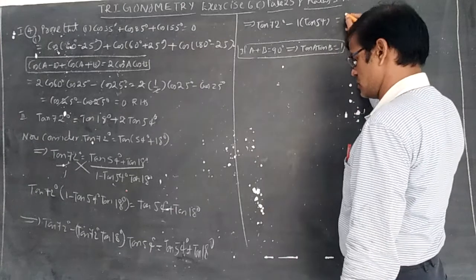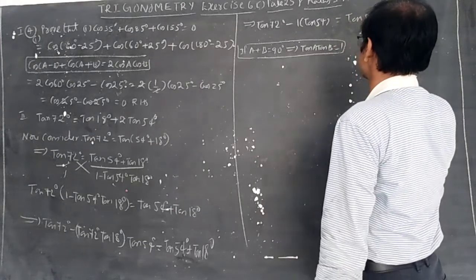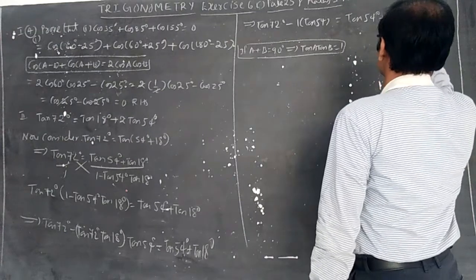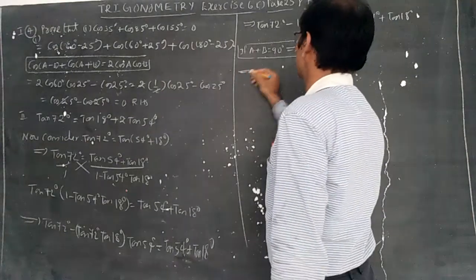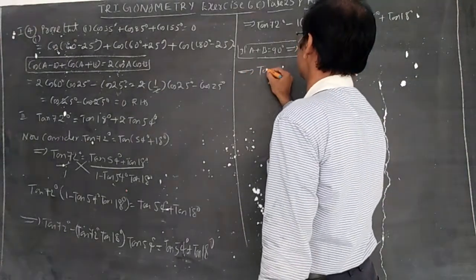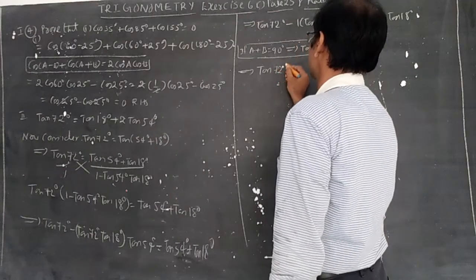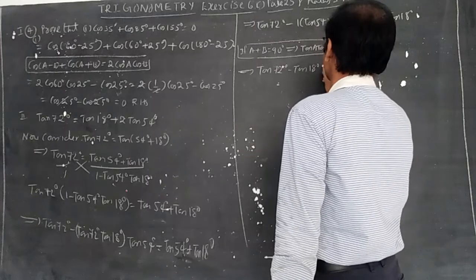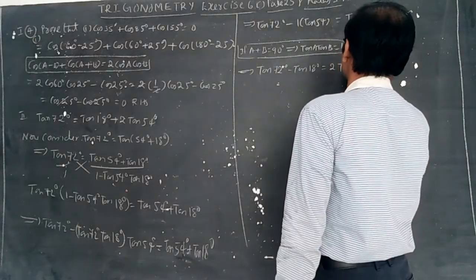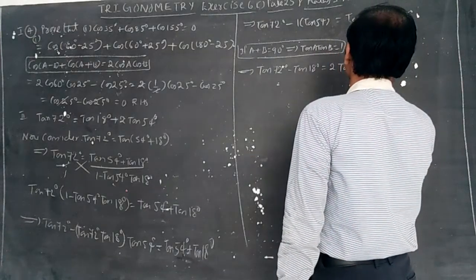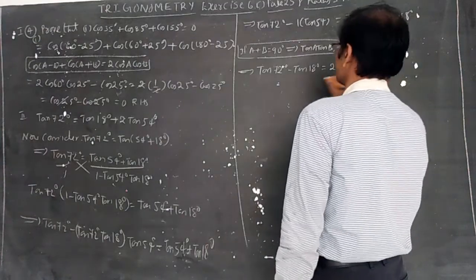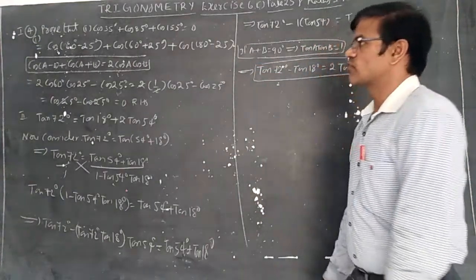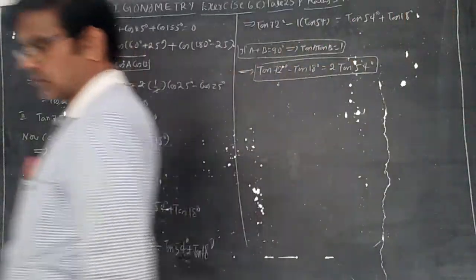That is equal to tan 54 plus tan 18. That implies taking tan 18 to the left side, tan 72 minus tan 18 is equal to 2 tan 54. That's all.